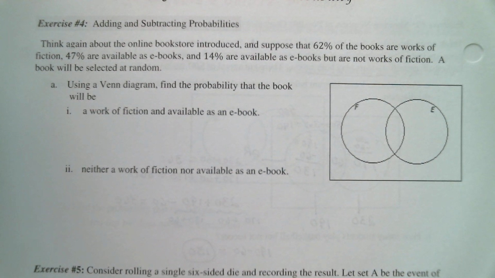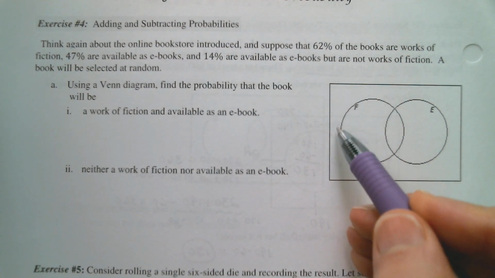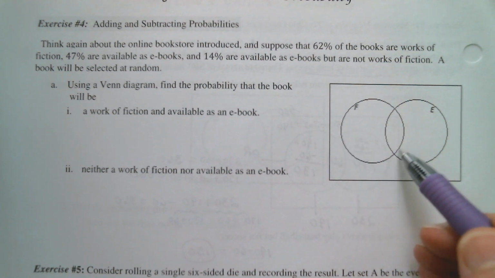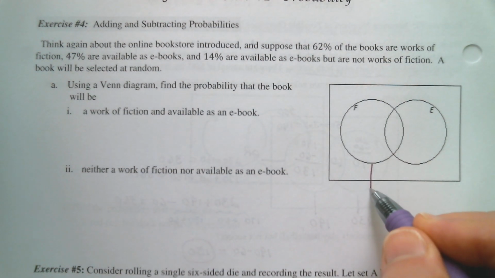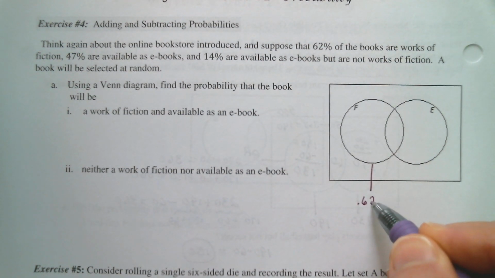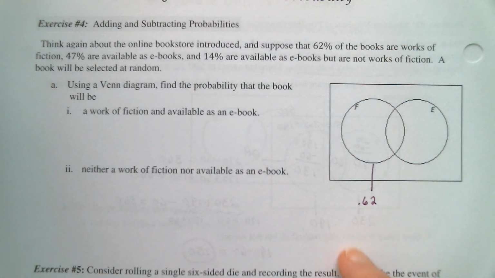All right, I'm going to stop right there. 62% are works of fiction. So fiction, this piece here, 0.62. Or you can write 62%. I'm just writing it as a decimal equivalent.